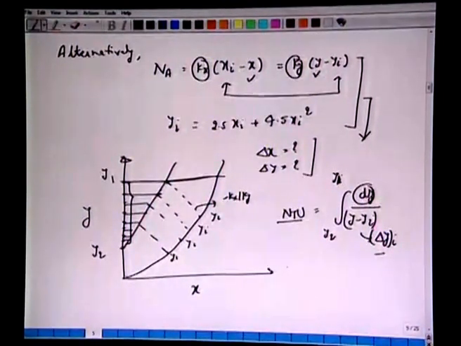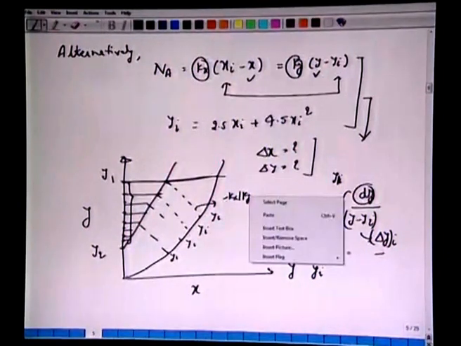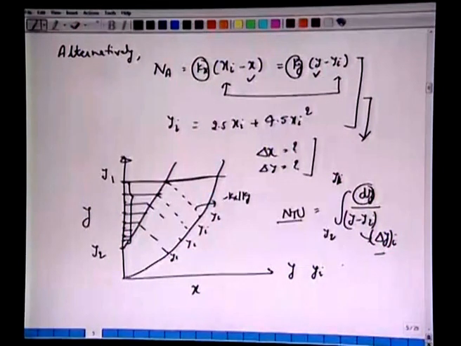You will make a table of yi here, then you will have del y or y minus yi, you will have del y over y minus yi. Del y need not be the same, in other words this can change here.